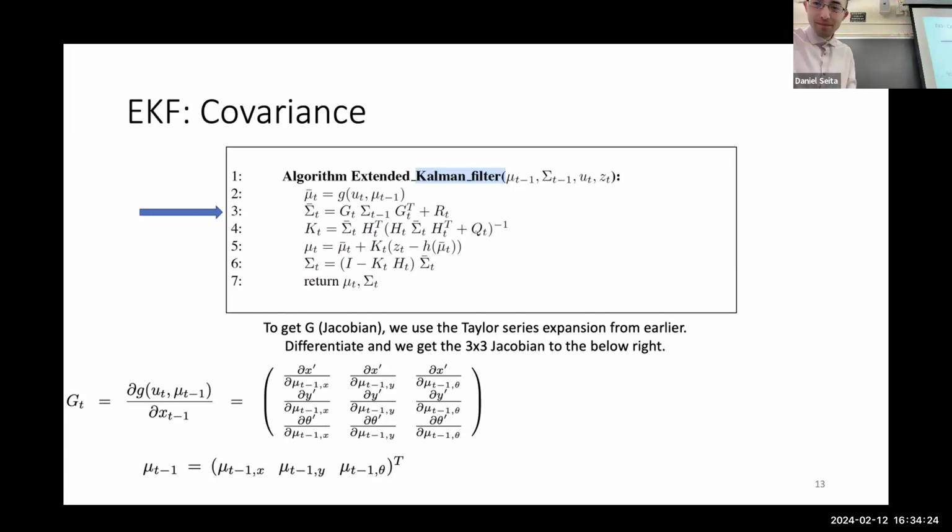Let me write it out. So you have the Jacobian when you're considering vector-valued functions, which go from one vector to another.